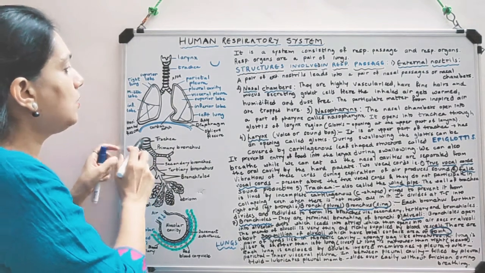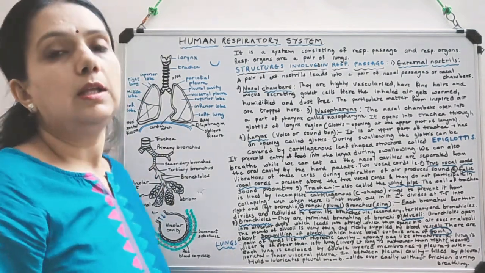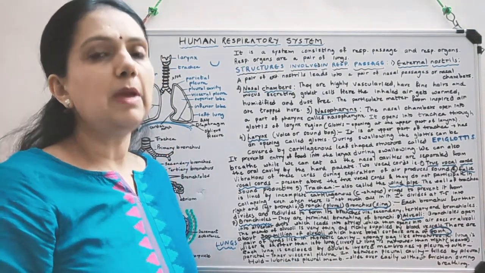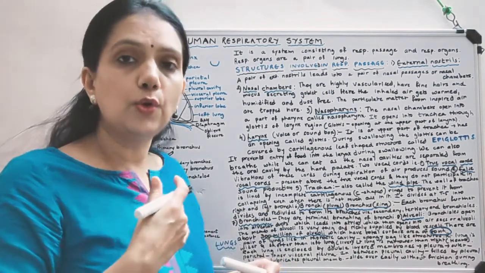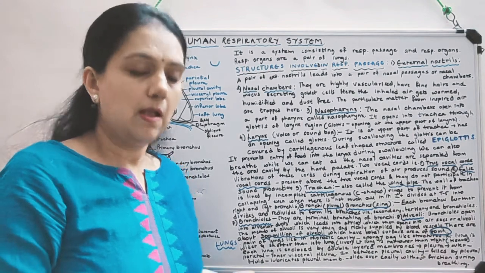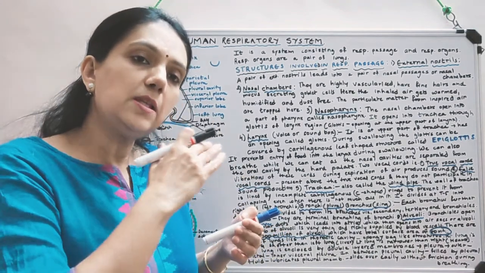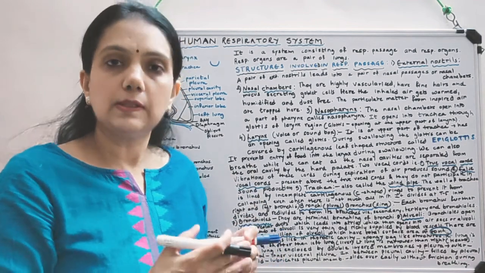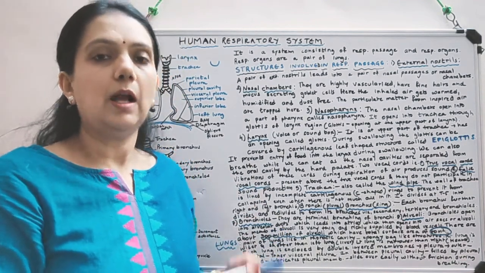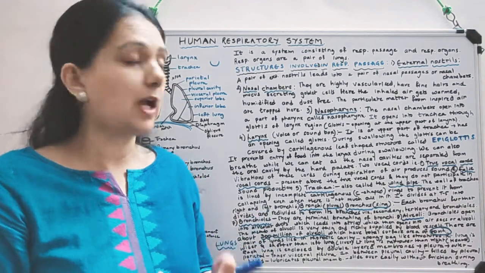Okay. Now they are covered by two membranes. They are double membraned, or you can say lungs are enclosed by double membranes. The membrane that is immediately found on lungs is called the visceral pleural membrane. First I should tell you the membranes are called pleura.